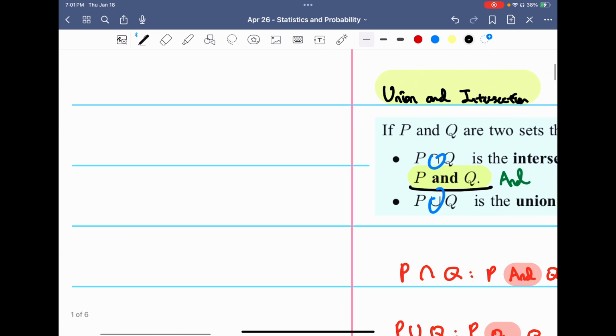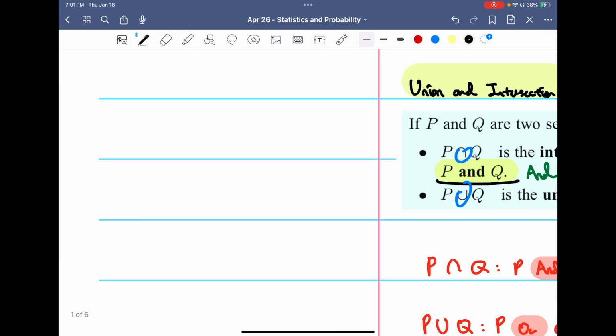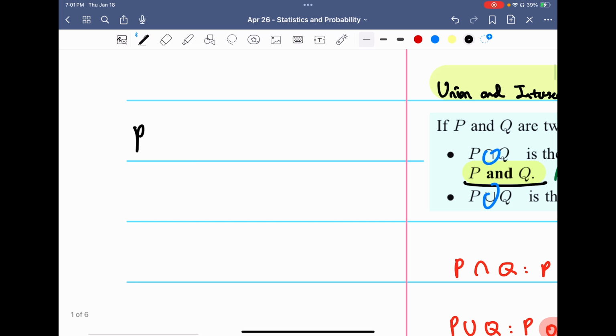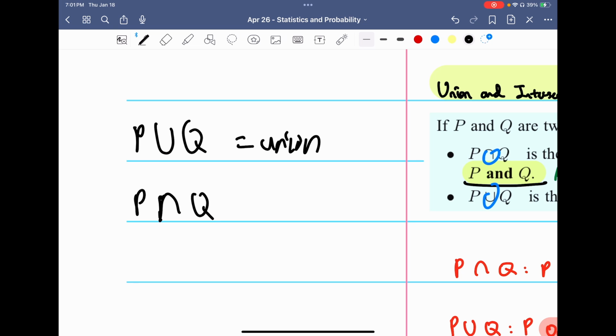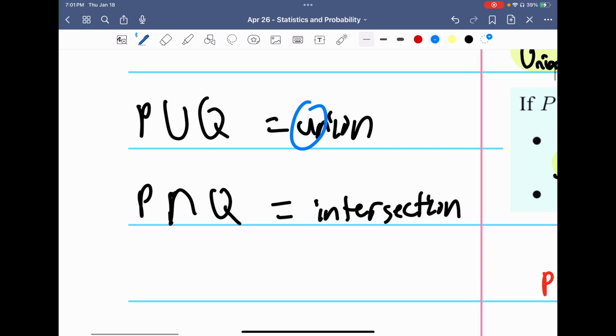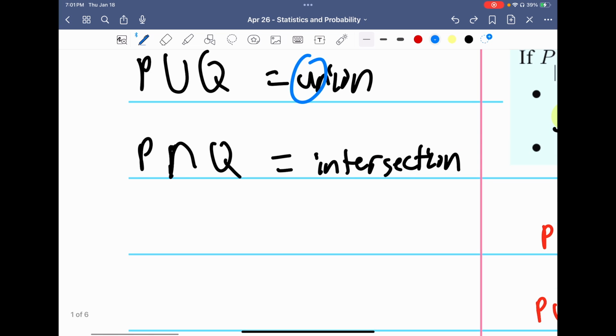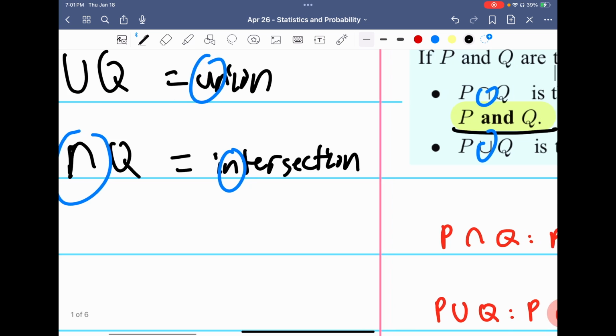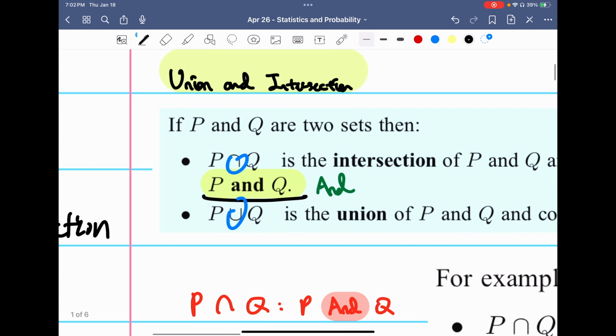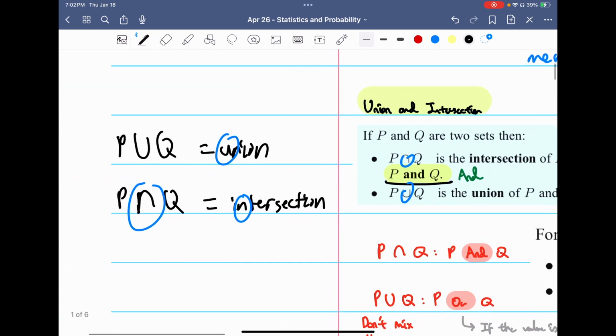So I really want you to remember that P union Q is always union, and P intersection Q is intersection. You can memorize it through the alphabets they use, because union obviously starts with a U, so you can understand that it's a union. Intersection, on the other hand, has N as the second letter, so I want you to remember it in this fashion so that it's a little easier to understand.